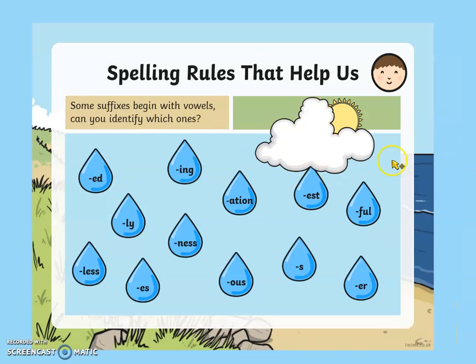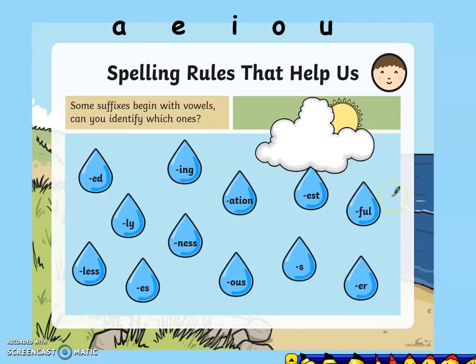Remembering those 5 vowels, which of these suffixes begin with a vowel? I've added our vowels up at the top to help us. Which of these teardrops begin with one of these letters? Let's have a look through them together. ED. Yes, that begins with E, and we can see up here we've got E is a vowel. LY.